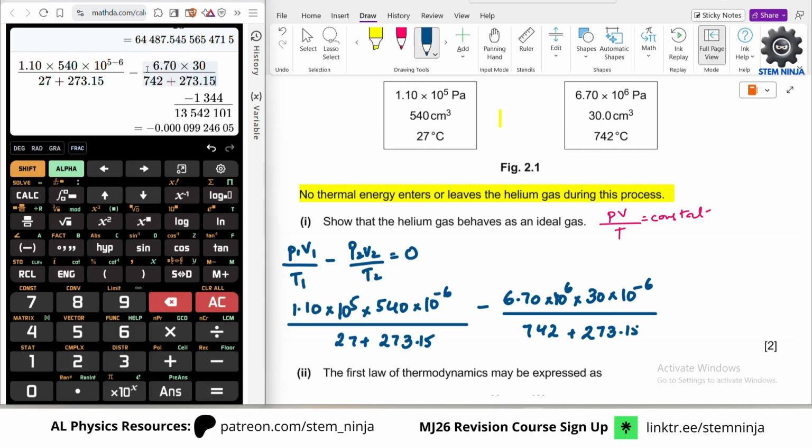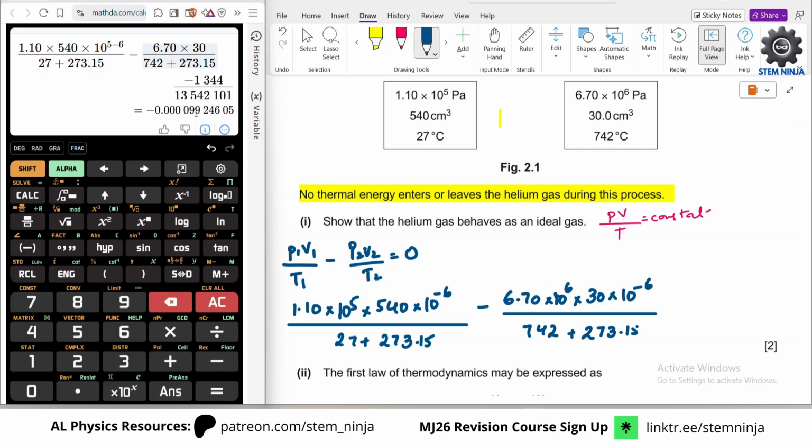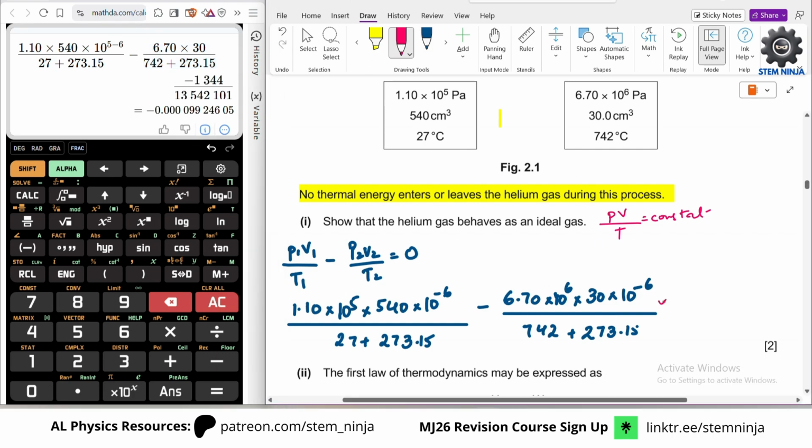Now you see this value is extremely low. That means it's almost 0. You can see four decimal places, so this is approximately 0. So helium behaves like an ideal gas.